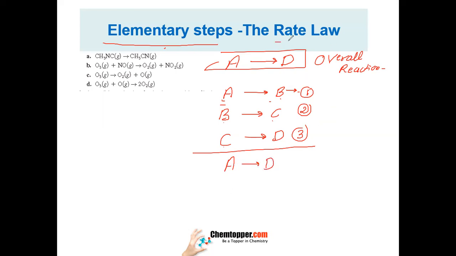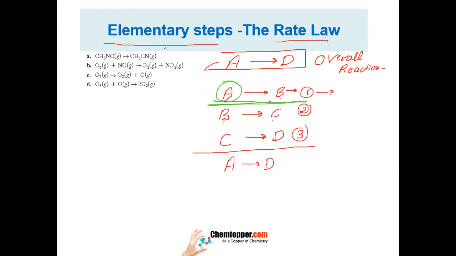The rate law comes from the elementary step. For the overall reaction also, we work it out from elementary steps only. So what is the rate law for an elementary step? It's going to be the same as the reaction. Looking at this reaction, what's the reactant here? A. How many reactant molecules are involved?